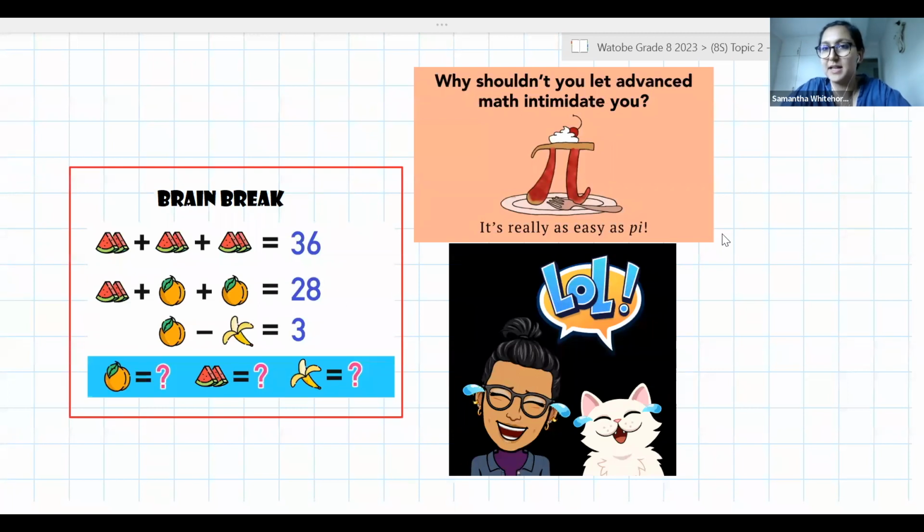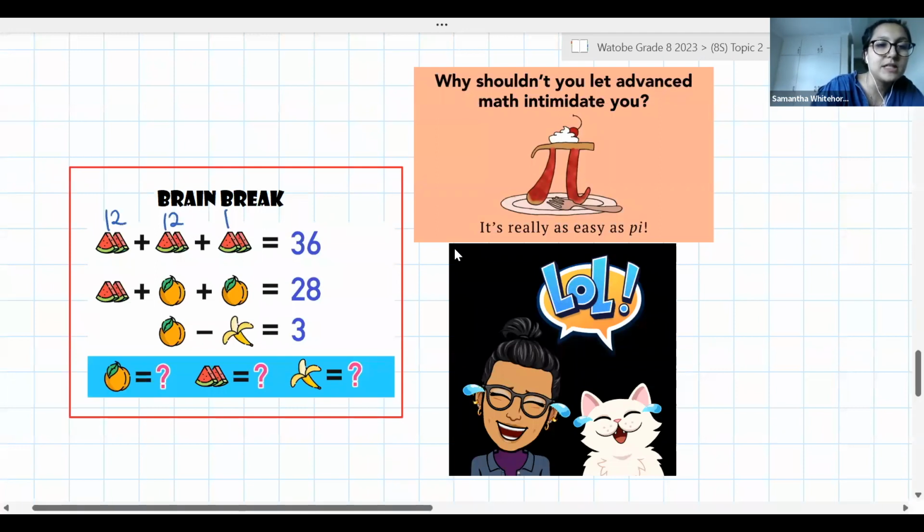I already see some hands. Abia, do you want to try one of our equations here? The first equation, there's 3 watermelons, so 36 needs to be divided by 3, which is 12. Perfect. And I really like this thinking, guys, of this is an equation.